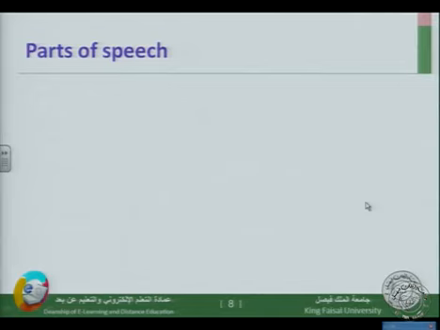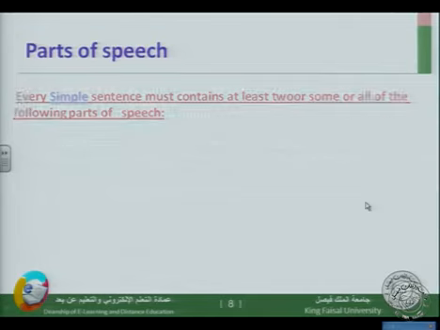Actually, you know many of them, or maybe most of them, but some of you may not have studied some other parts of speech. So let us now move together and try to have some simple rules.